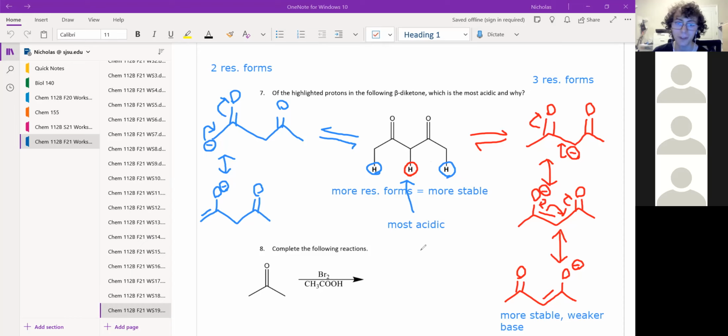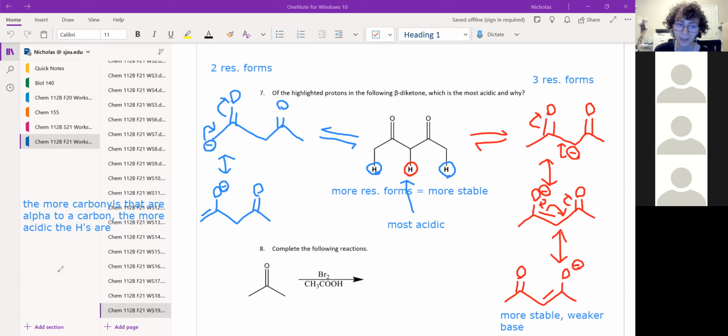It's relatively low, but in general, even if you don't have a pK value for a specific structure, the more carbonyls that are alpha to a carbon, the more acidic the hydrogens are. And that has the same reasoning we're going over here. If there are more carbonyls alpha, it's going to have more resonance forms for the base. So the acid should be stronger.